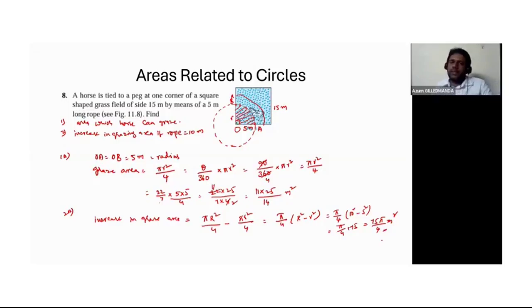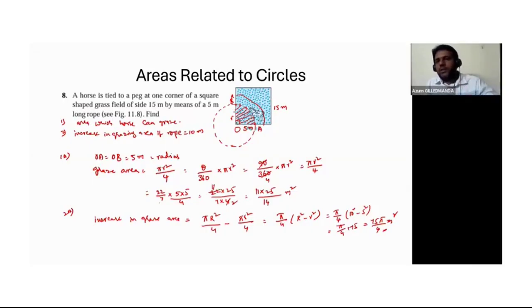Okay. So hope you understood, right? Here, by looking at the problem, you may be kind of confused. But it is very simple. When the horse is pegged at one corner of a square, it can graze that circular path. Here, as it is a square field, it can graze only 1/4 of the circle.